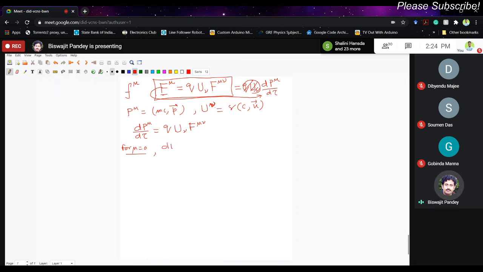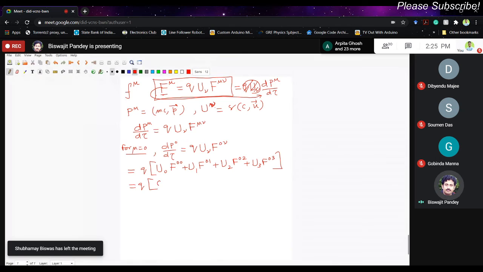Mu equal to 0 means dp0 d tau, which is nothing but the time component of the 4 force. So what will that be? Q, nu will vary, I wrote q u nu, f 0 nu. I am not skipping any step, just to keep everything clear. So q, keep this in brackets, u0, so nu is going from 0 1 2 3, there will be four terms: u0 f00 plus u1 f01, then you have u2 f02 plus u3 f03. Now let's see what comes. The diagonal term f00 is 0, the diagonal terms of the tensor field tensor are 0, so I didn't think further, u0 times 0 is 0.